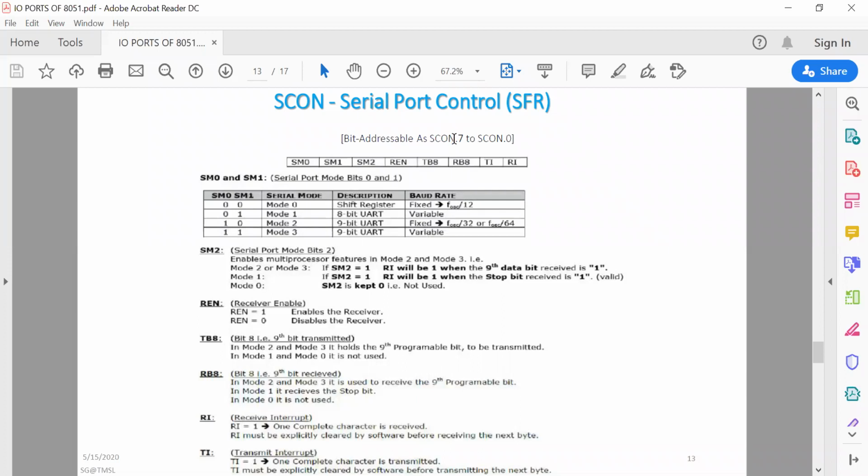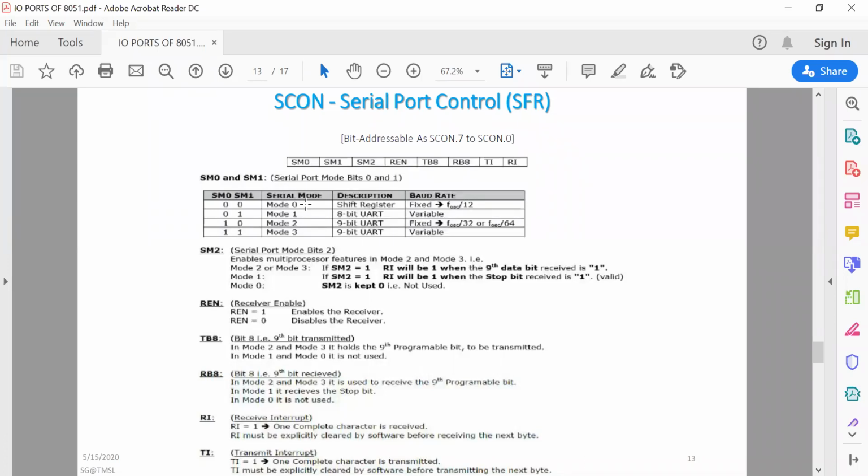So basically the SCON register has these bits, from D0 to D7. Now the D7 and D6 bits are used to select the different modes: serial port mode bits SM0 and SM1. If both are 0 0, then mode 0 will be selected.